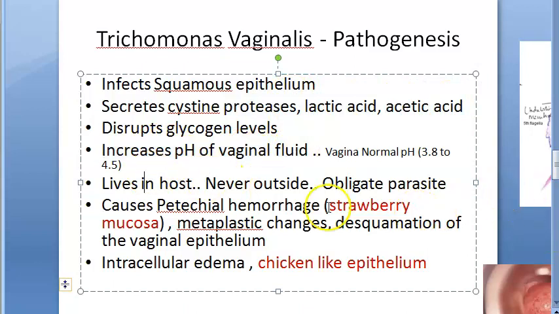It likes a pH above 4.5, around 5 to 6. So it increases the pH of the vaginal fluid, okay? It causes strawberry mucosa, petechial hemorrhage of the cervix. Metaplastic changes can be there in the cervix. Then intracellular edema, chicken-like epithelium can be there.